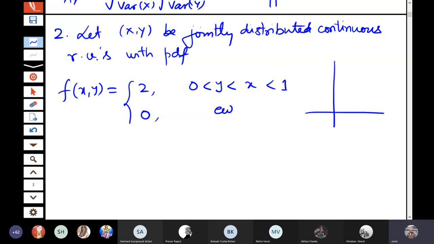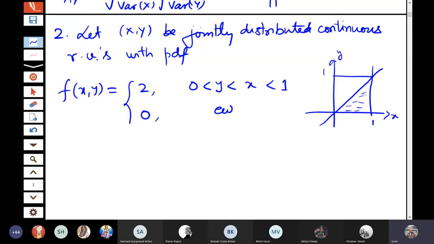That is, the distribution is defined in this portion, y is less than x. If we consider x and y here, then y is less than x in this portion. So once again we will require the expectation of x, variance of x, expectation of xy, etc.